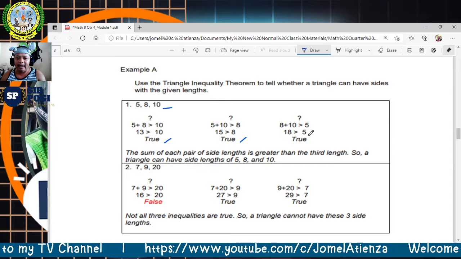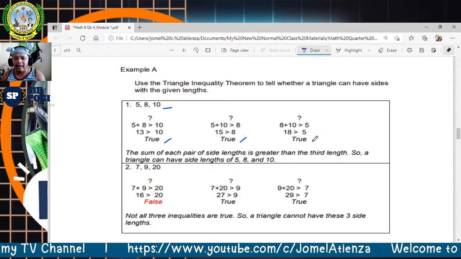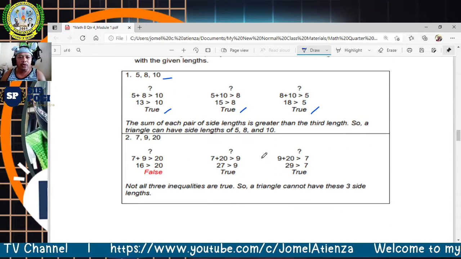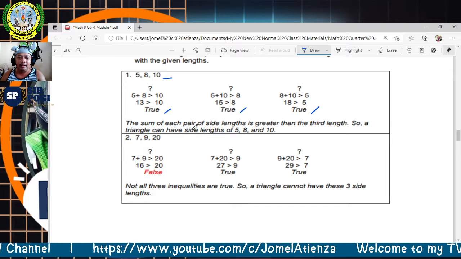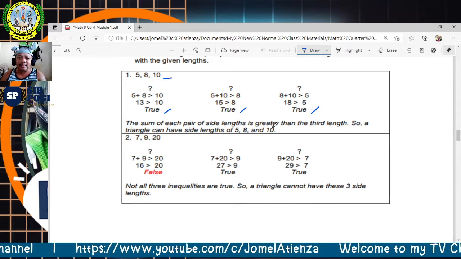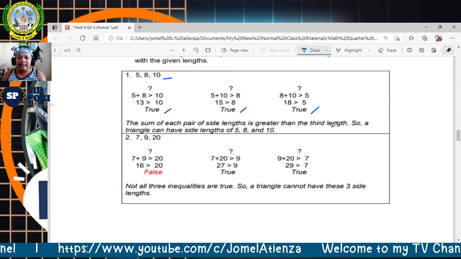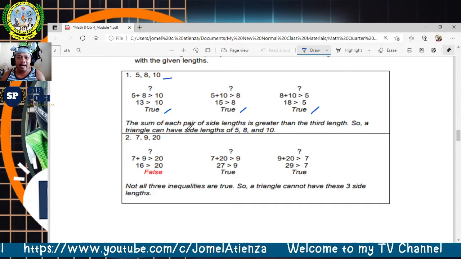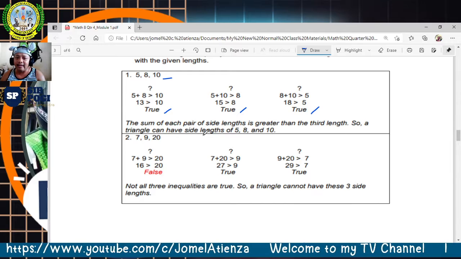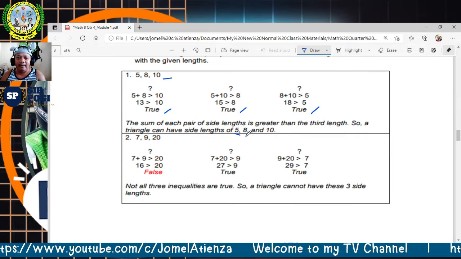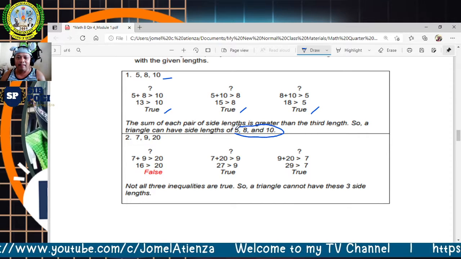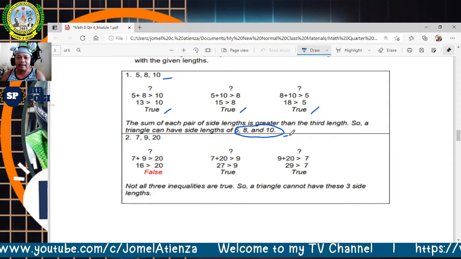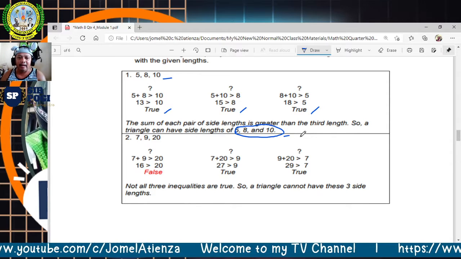So therefore, 18 is greater than 5, and that is true also. So therefore, the sum of each pair of side lengths is greater than the third side length. Okay? So a triangle can have the side lengths of 5, 8, 10. So possible po na maging side ng triangle ay 5, 8, 10.